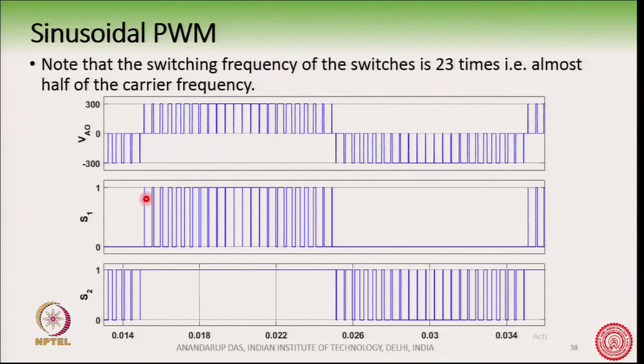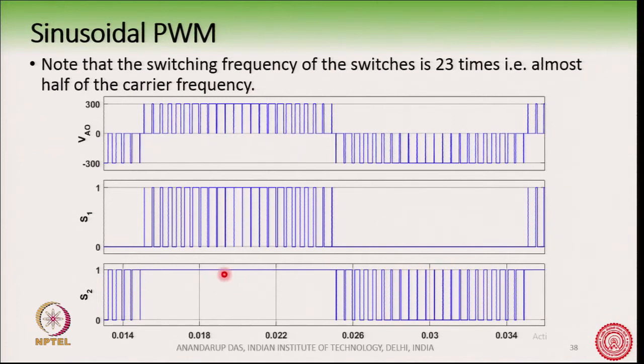In the case of S1, you see that S1 is off here, S1 is also off here, and in between, S1 is turning on and off several times. On the other hand, S2 is on throughout this period, and then it is doing a lot of switching in this portion.